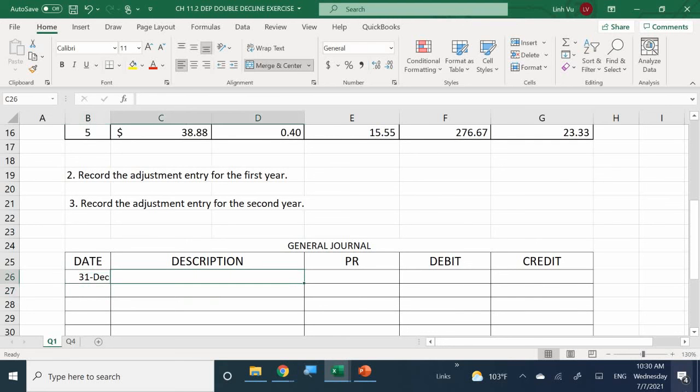So what is going to be my journal? Depreciation expense and accumulated depreciation. Good. Depreciation expense and accumulated depreciation. I'm going to use accum for short.